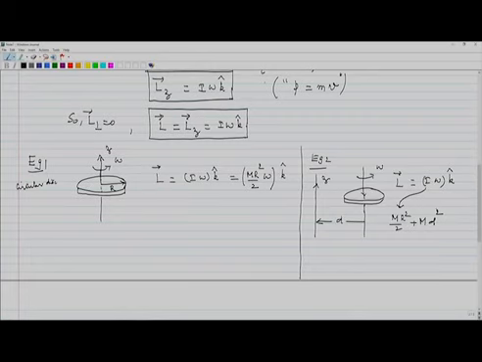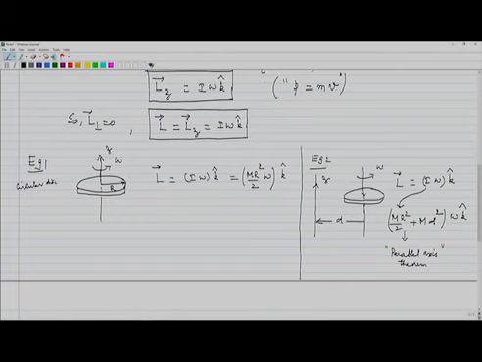This is what we call the parallel axis theorem. This times omega times k. That's the moment. So we have got the moment of inertia of this object.